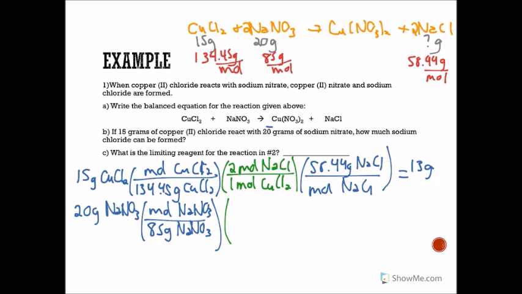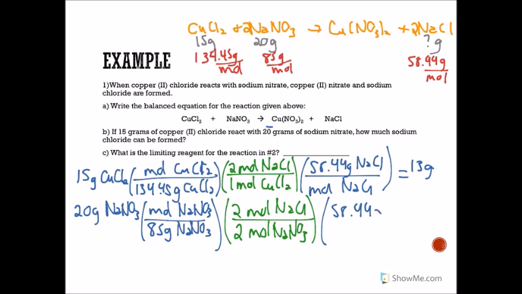We have 2 moles of sodium nitrate on the bottom to cancel out, and 2 moles of sodium chloride on the top. And then we convert back to grams with the molar mass of sodium chloride over a mole of sodium chloride.